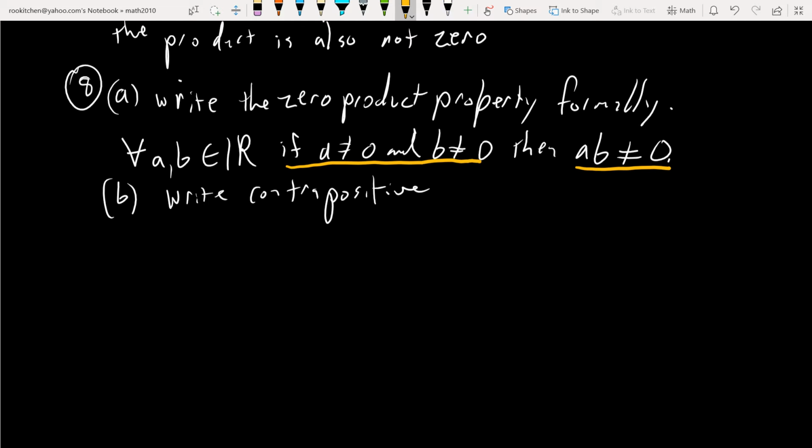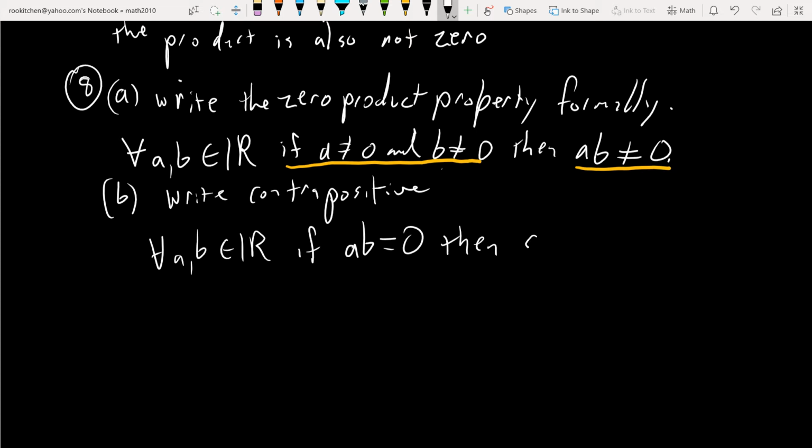So for all a, b in the real numbers, if instead of a, b not equaling 0, now we have a times b equaling 0, then, when you negate this and part here, by De Morgan's it will turn into an or.